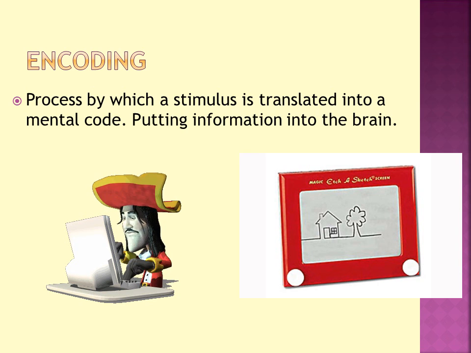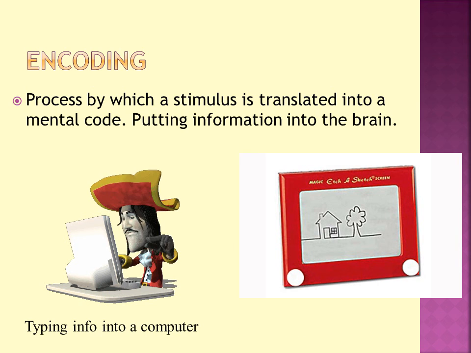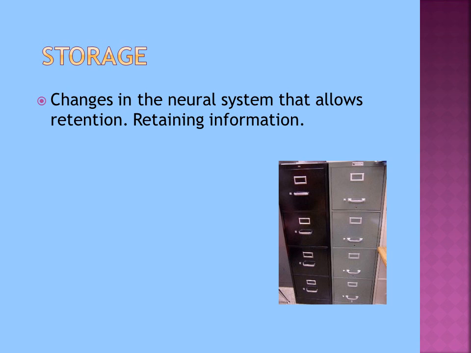And later in the textbook, we'll talk about problems when you encode things incorrectly, because that could be why you forget stuff. So the analogy with the computer would be typing information into the computer.